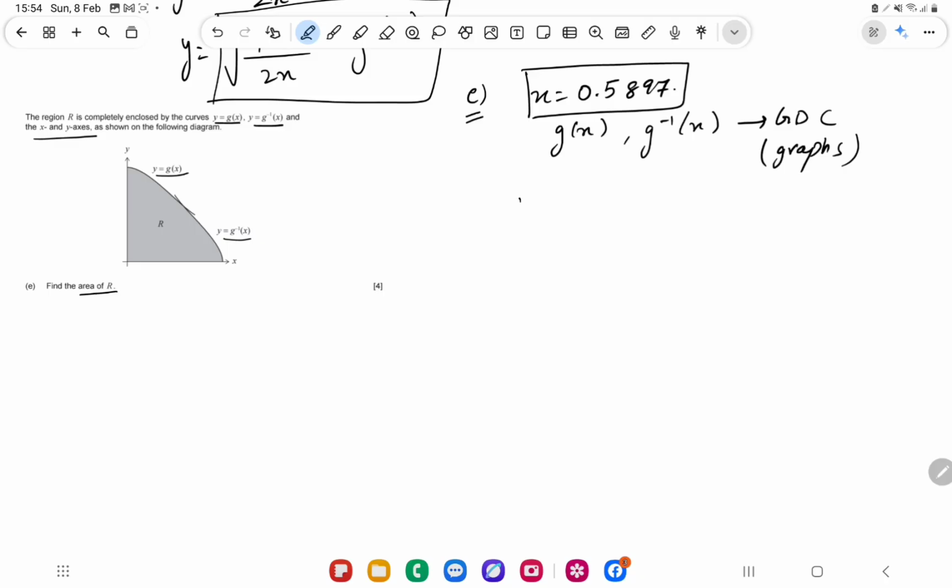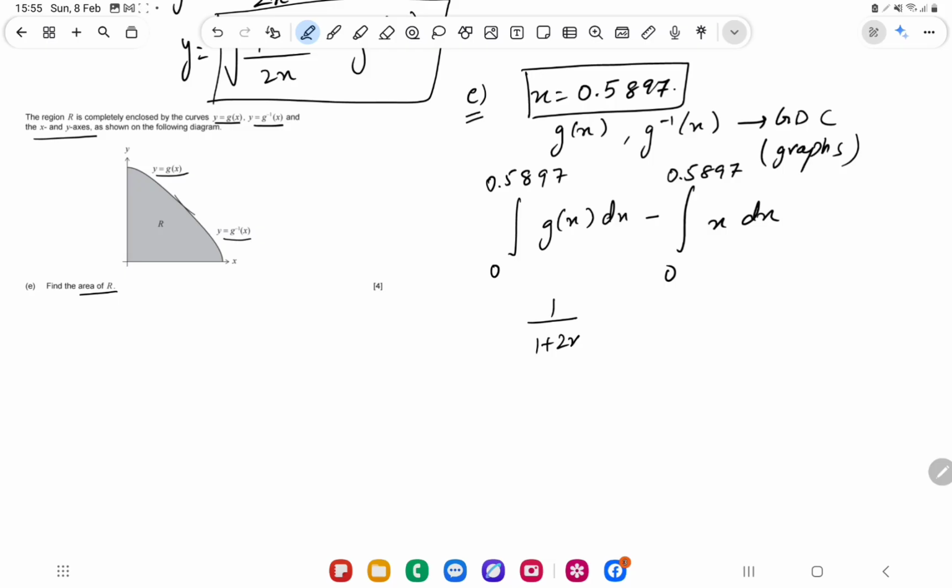So I can write that my area is from 0 to 0.5897 of my g(x) minus the integration from 0 to the same of x dx. Now I can put my g(x) as 1 upon 1 plus 2x square, minus x. I can combine this, and now I can put my integration symbol like this.